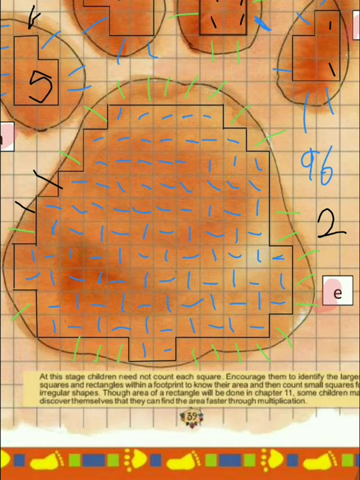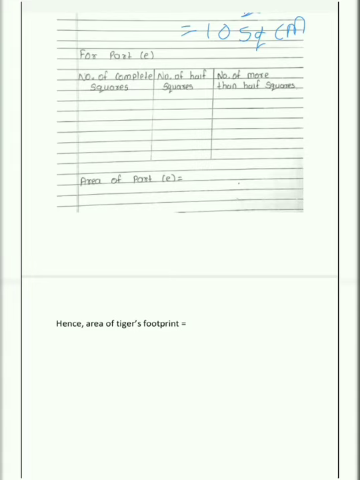How many more than half squares are there? 24. So for part E, again 3 columns are there.